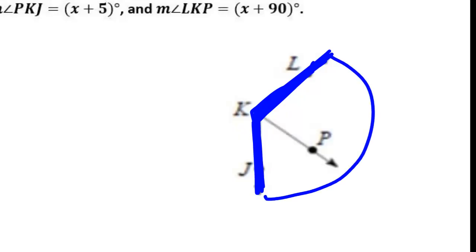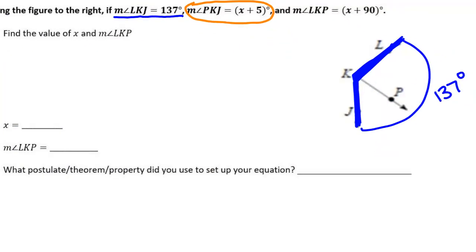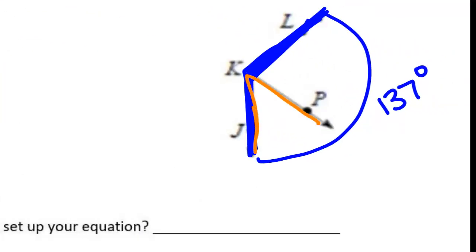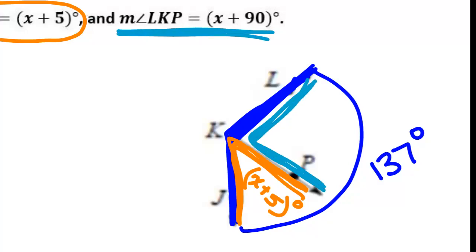This right here is 137 degrees. PKJ is x plus 5. Here's PKJ, right here. X plus 5 degrees. LKP, this angle right here, is x plus 90 degrees.